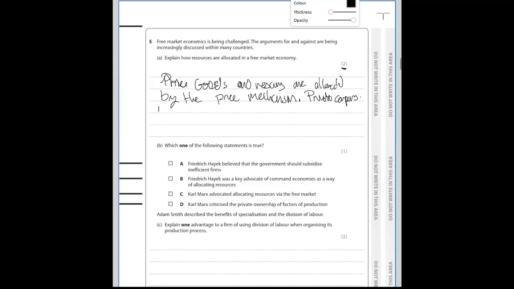So private companies and individuals adjust their consumption or production in response to price changes. So prices are used to ration goods.